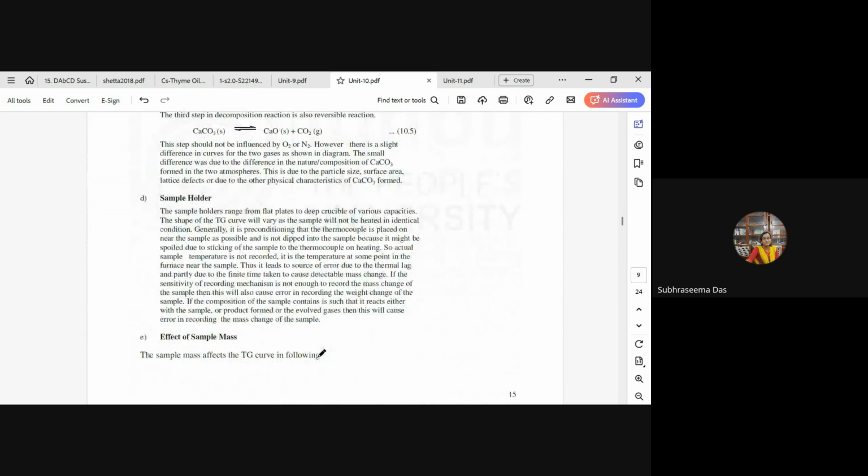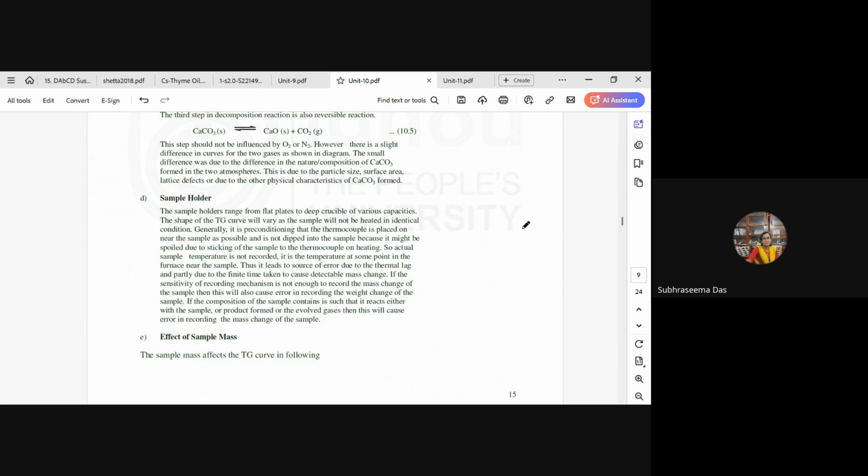Then the effect of the sample holder in TGA measurements. The sample holders range from flat plates to deep crucibles of various capacities. Mostly crucibles are used. Generally, the thermocouple is placed as near the sample as possible, and it is not dipped in the sample because it might stick to the sample.